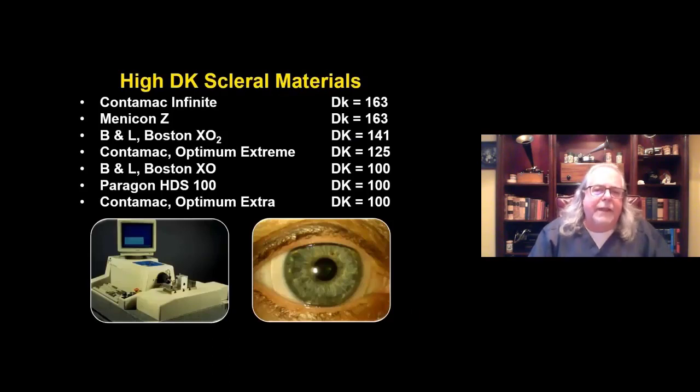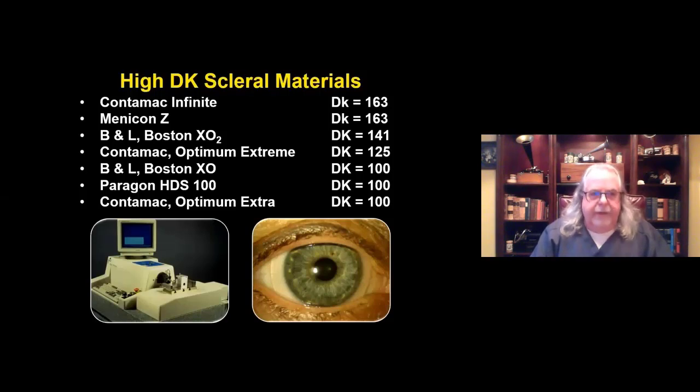Now, we believe that another key ingredient to the rebirth of the scleral lens was the advent of the modern high Dk scleral material. And here is a pretty up-to-date list on where we are at with the various lens materials.